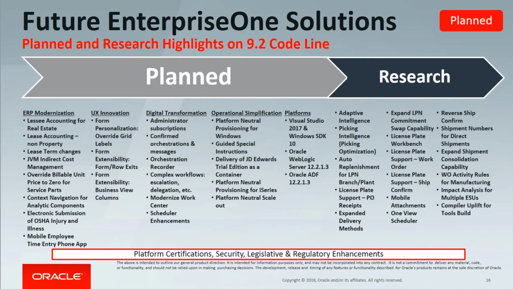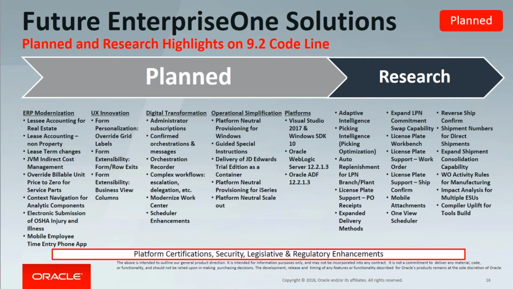We want to make sure that our customers who've adopted the different lines of business operation, whether you're running on an Oracle Red Stack, or on an iSeries that's an IBM product, or on SQL, all of those things are available to you. And because of our mobile platforms, you'll also see in that category all of our mobile enhancements that are planned. So that's the planned category, the next 12 months.